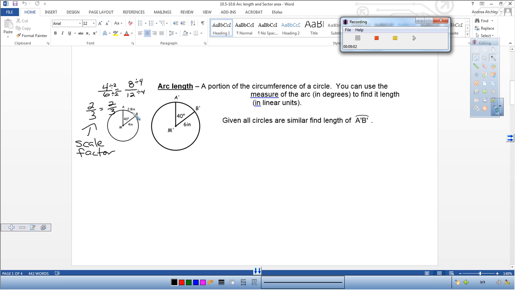We are given that this piece right here is 2.8. Since their central angles are the same, these two sides should be proportional. Not congruent, but proportional. Okay, so we're going to use our scale factor of 2 over 3 is going to equal the arc length here, the length of AB in the smaller circle, over this arc length here, which is my unknown.